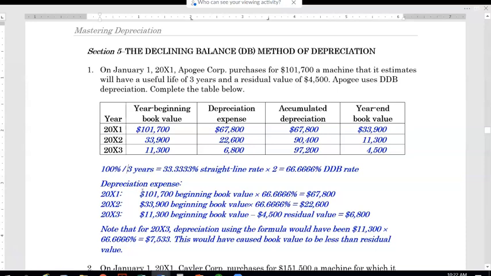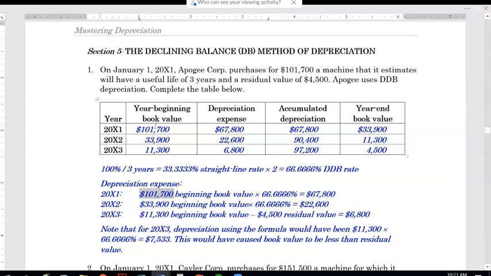So then we say, okay, how much is the original book value? It is the total cost of the equipment, including delivery and shipping and installation. That's $101,700 beginning book value, multiplied by the rate, and that gives us $67,800.